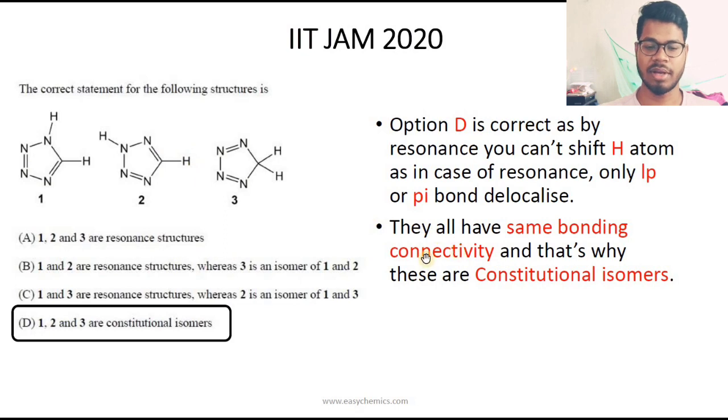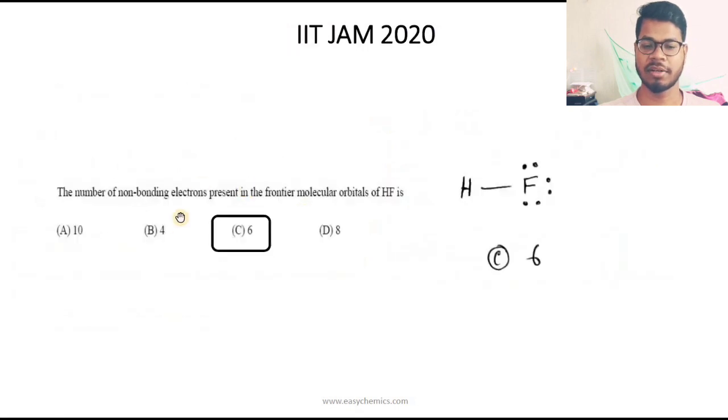The attached hydrogens are different in these three systems, because here hydrogen is connected to nitrogen, here one with carbon, here another nitrogen and another carbon, and here two carbon, hydrogen is connected to one carbon atom. That means the bonding connectivity of the hydrogen atoms are different, and if bonding connectivity are different, then those isomers are called constitutional isomers. Okay, so option D will be correct.